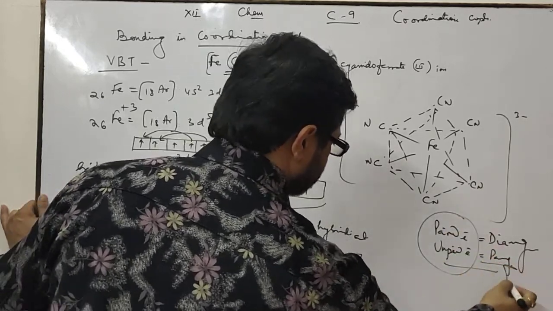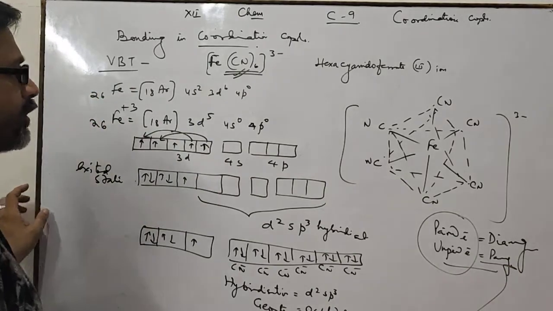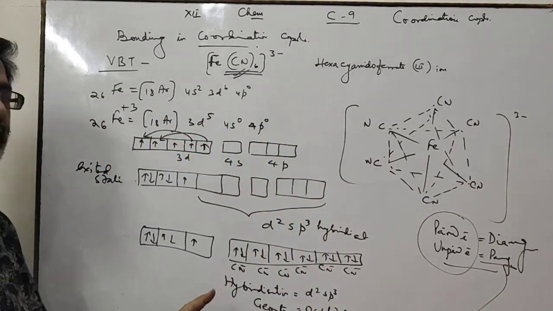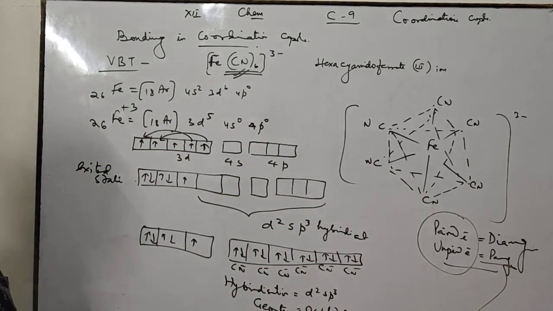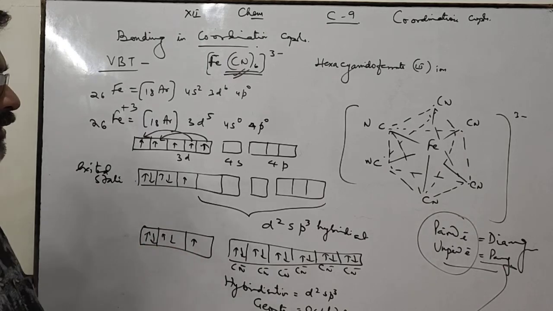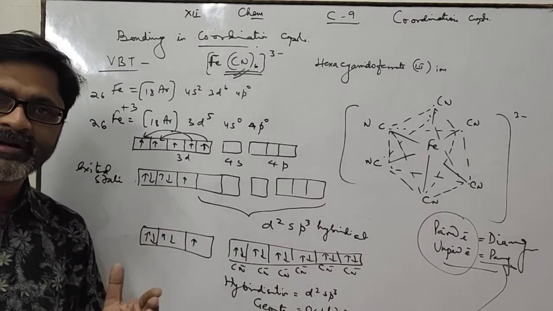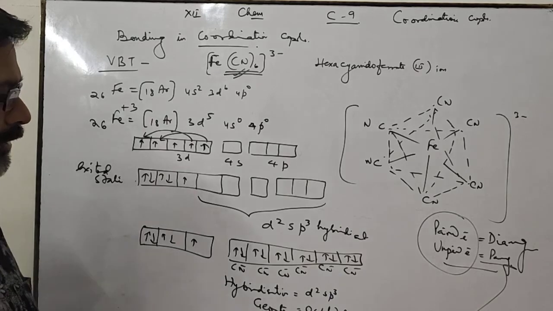Hence, the nature will be paramagnetic. Okay, this is the bonding in this coordination compound. In this way, you can find the bonding in various coordination compounds.